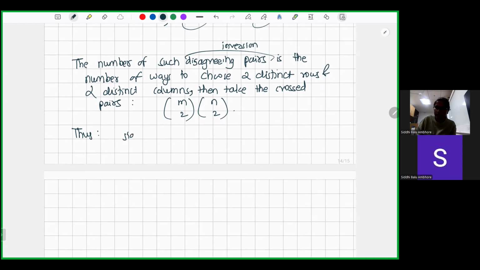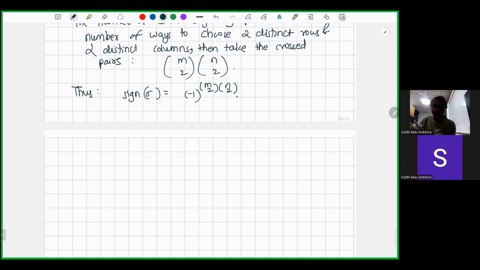So therefore, the sign of sigma will be minus 1 to the power of the number of inversions, m choose 2 times n choose 2, right? And the sign of sigma is exactly the sign of the determinant of my basis change matrix from B1 to B2.